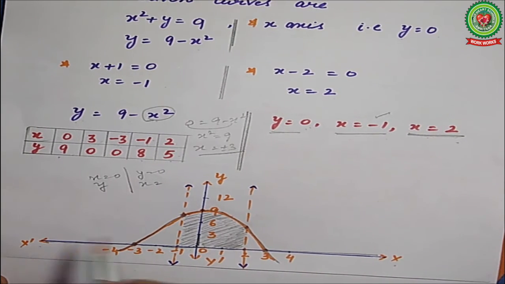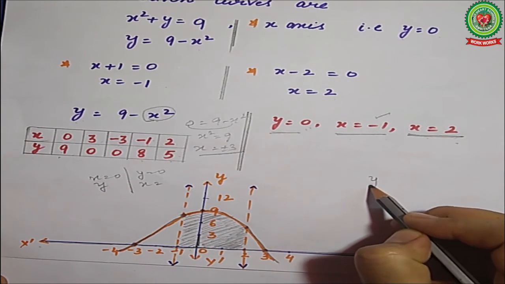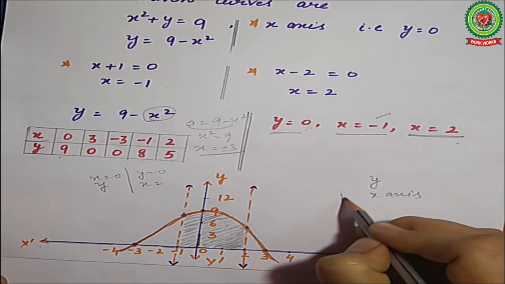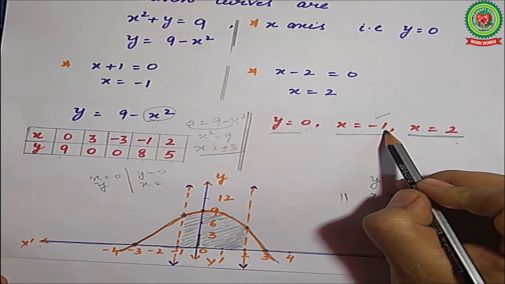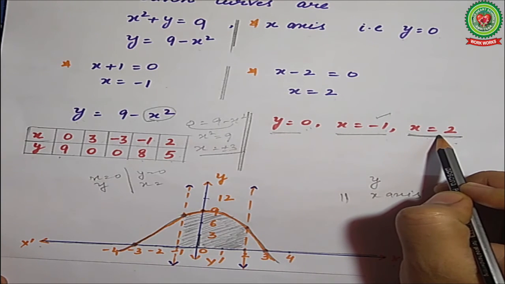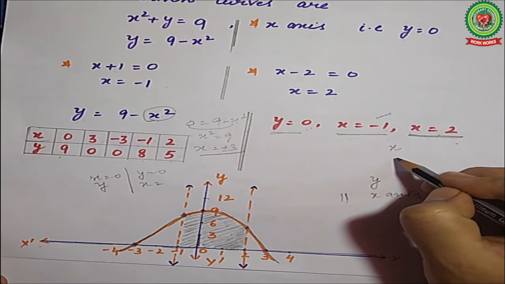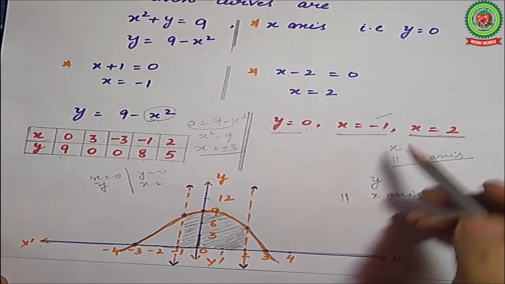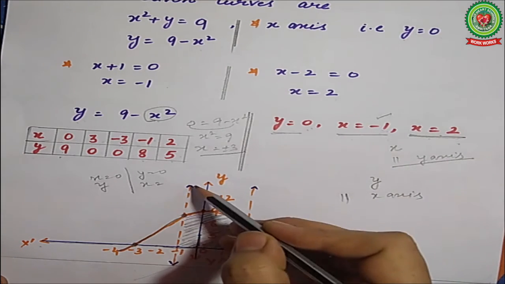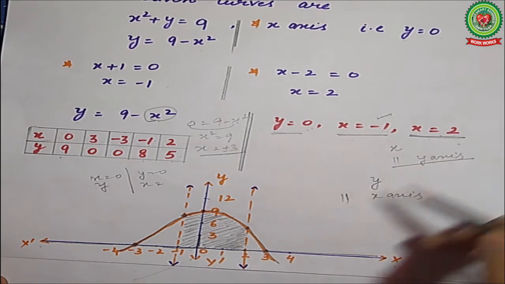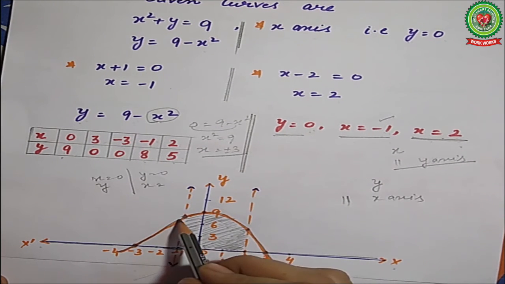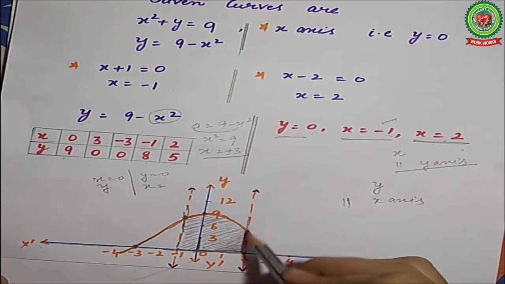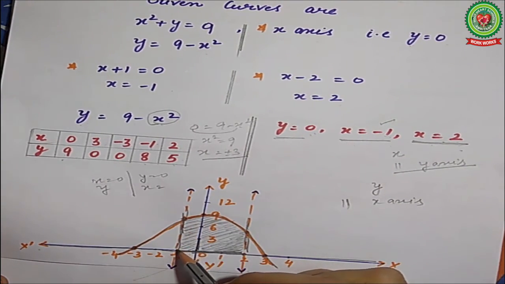No need to draw it again. Then for x, we will draw a parallel line to the y-axis. x is equal to minus 1, we will draw a parallel line here. x is equal to 2, we will draw a parallel line here. Now with these three lines, shade this combined area.